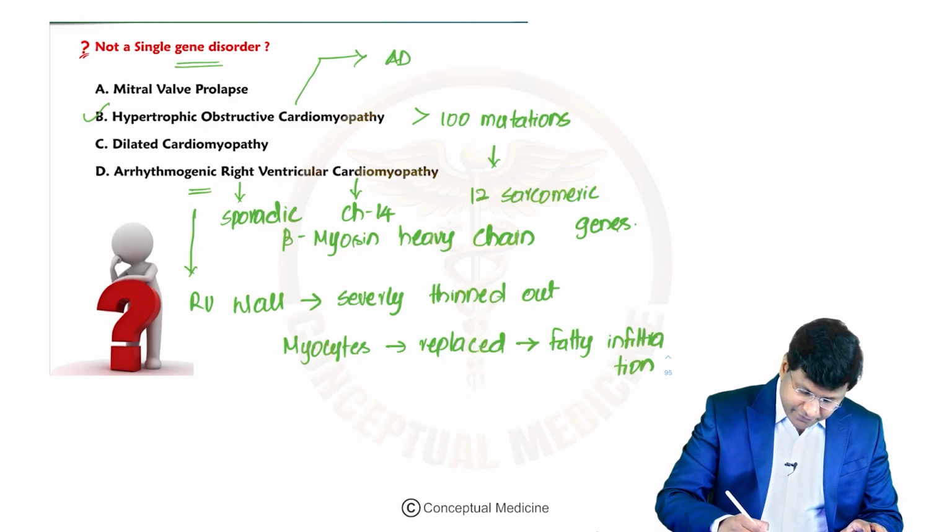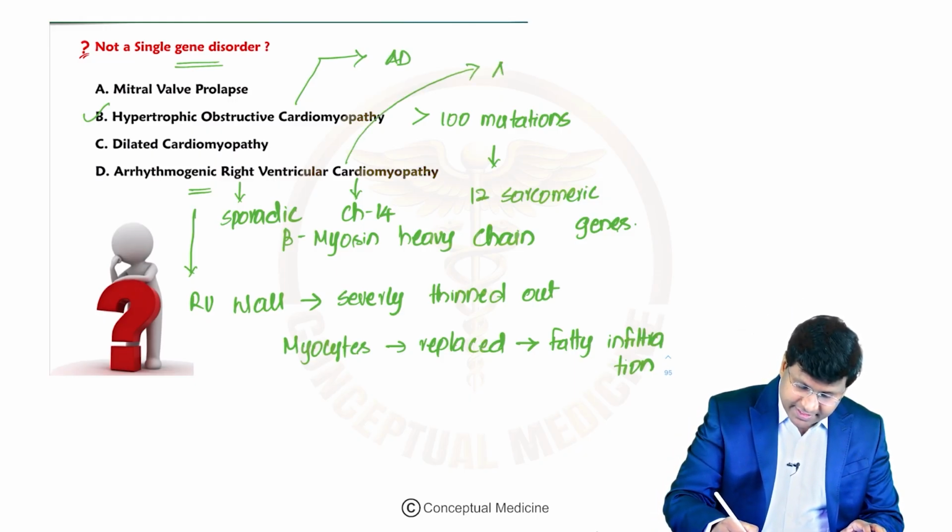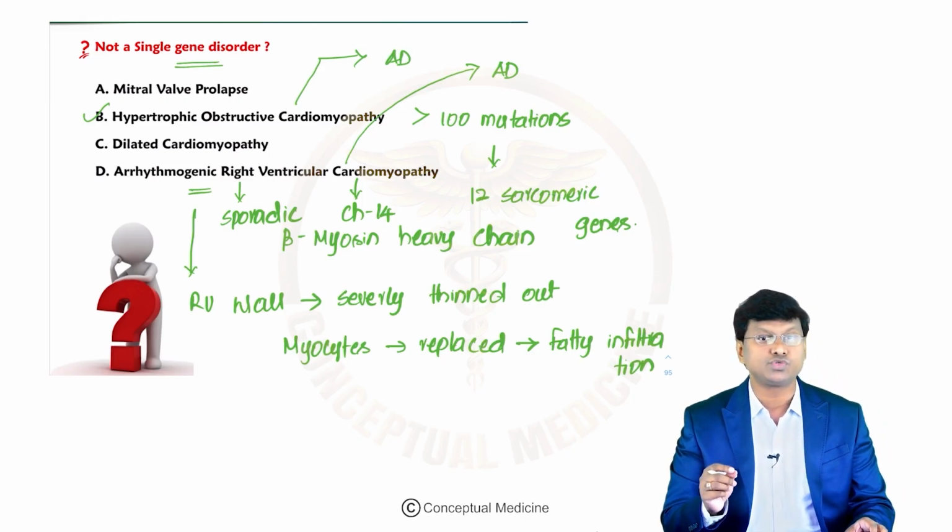The type of inheritance of arrhythmogenic right ventricular dysplasia is also autosomal dominant.